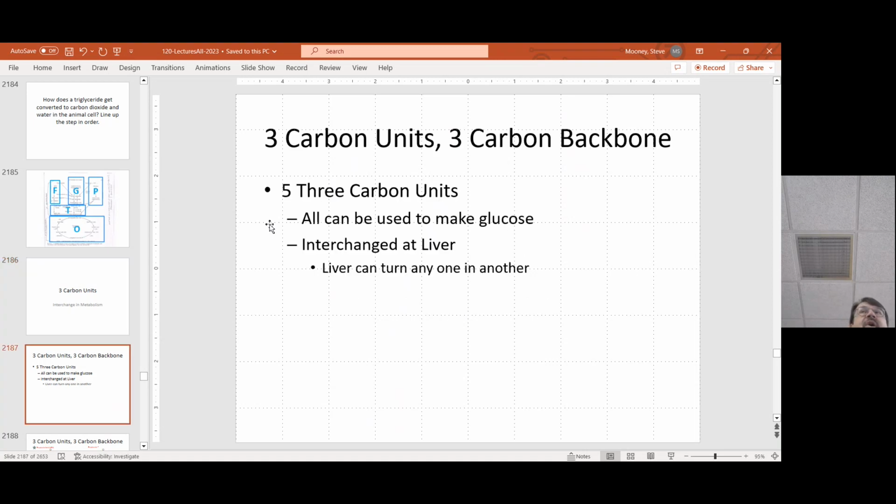So where could those 3 carbon units come from? There are 5 that we'll talk about in this class. All can be used to make glucose, and they are similar enough that the liver can convert them to whatever they need to. They can be converted back and forth between the 5 different things.